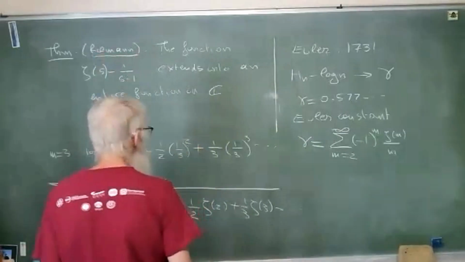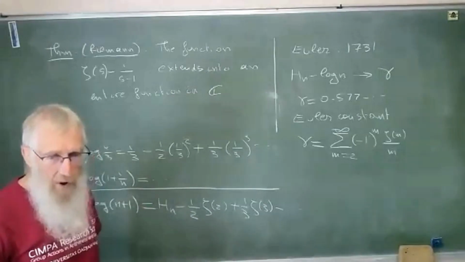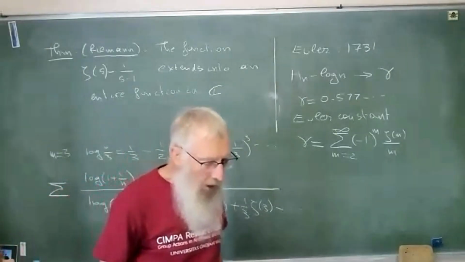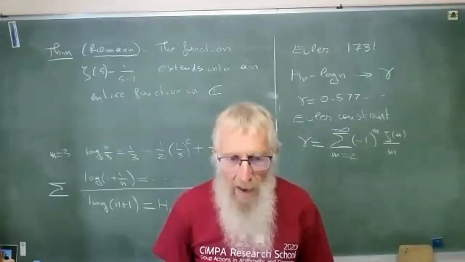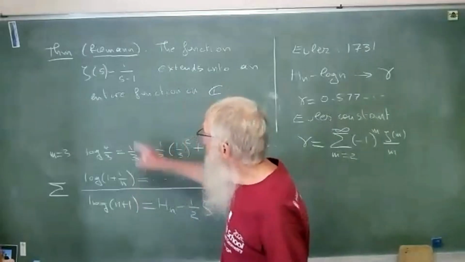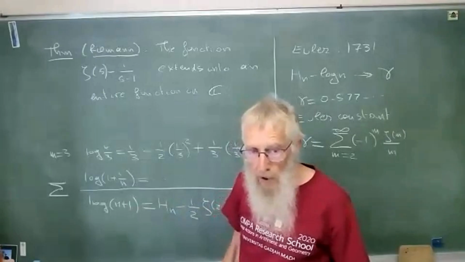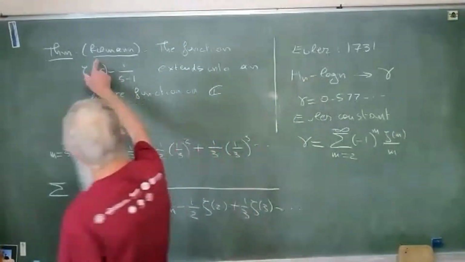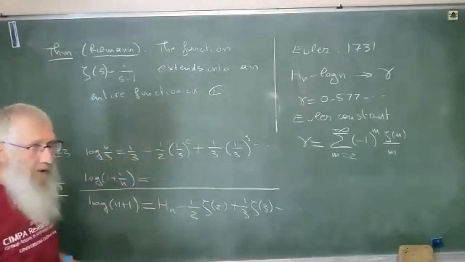And this is a very interesting result, which was not considered by Euler, but this was due to Riemann. And Riemann, in his paper, not only proved this result, but he proved a number of results on this function. And he was especially interested in the zeros of the Riemann zeta function, zeta of s, so it's 1 over s minus 1 plus an entire function.